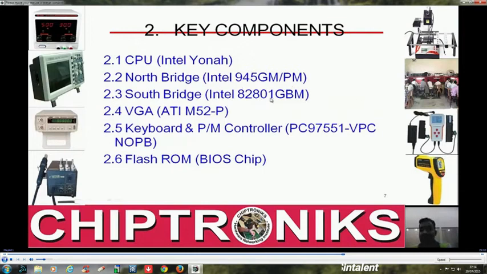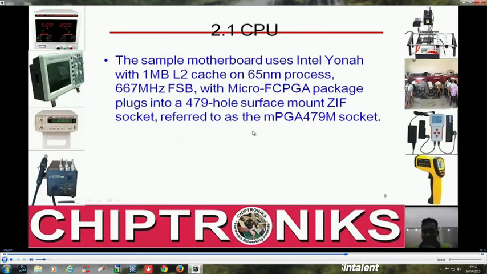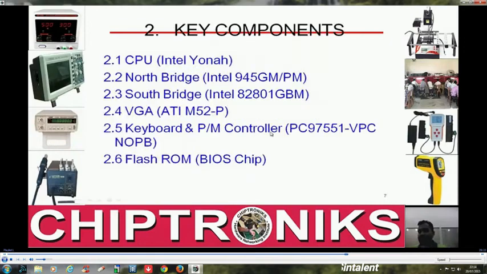The South Bridge is 82801 GBM, FBM, DBM, IBM, like that. This is VGA, an ATI graphic chip is used here, and this is the keyboard and power management controller, which we also call the IO controller. The IO controller used here is PC97551, and this is flash ROM, a BIOS chip.